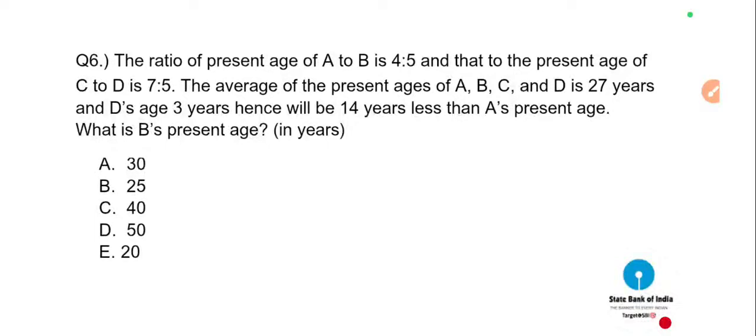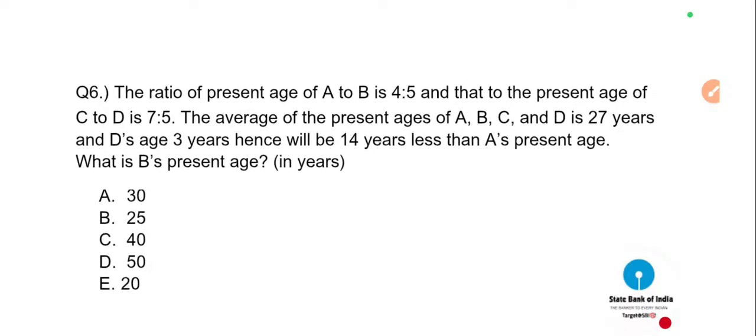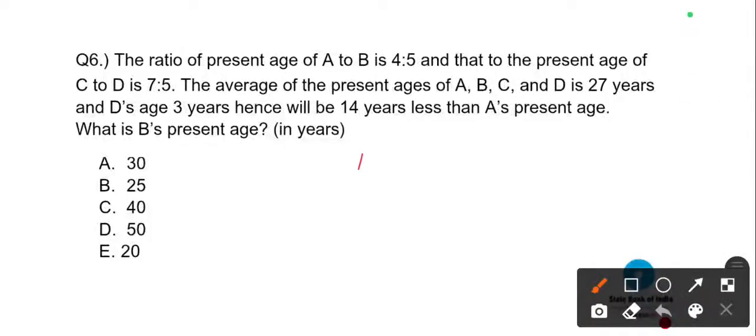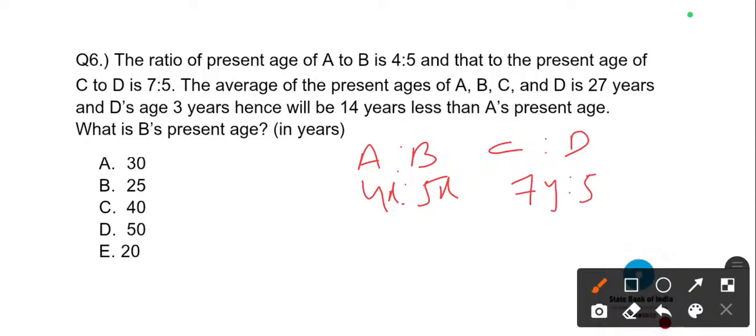The question given is, the ratio of the percentage of A to B is 4:5, and the percentage of C to D is 7:5. The average percentage of A, B, C, D is 27.